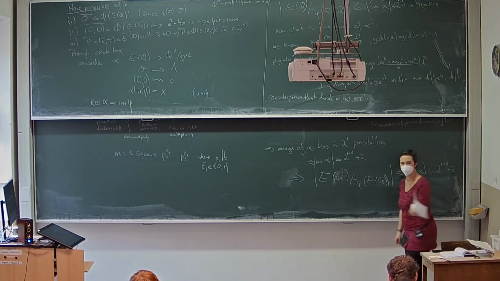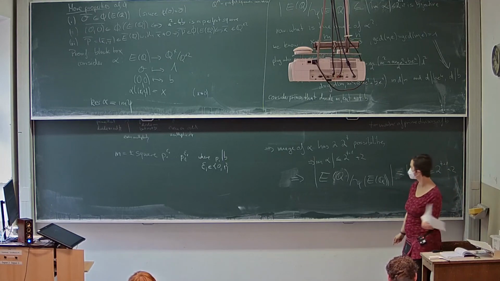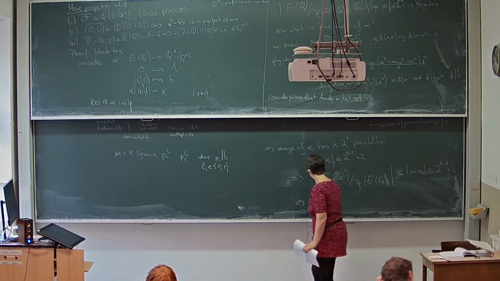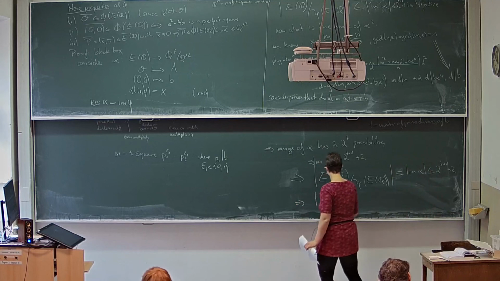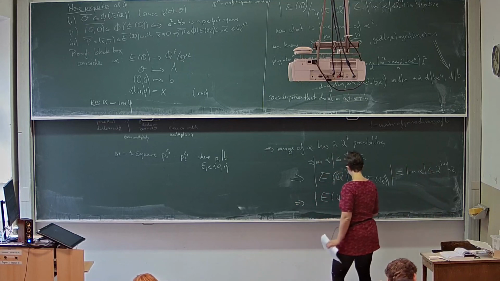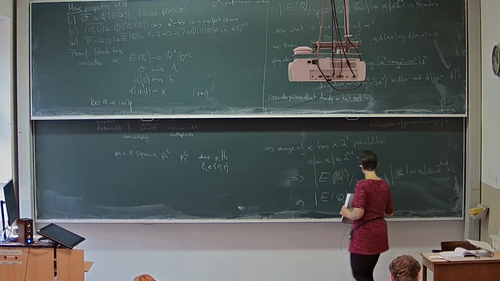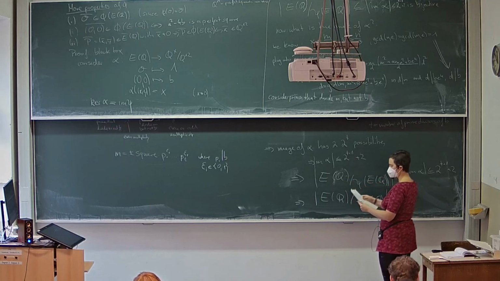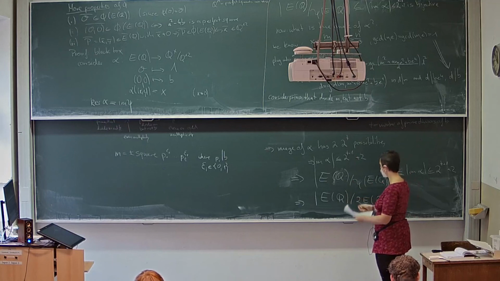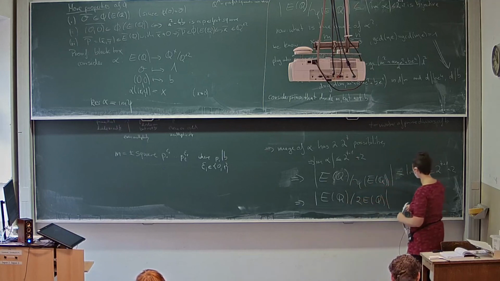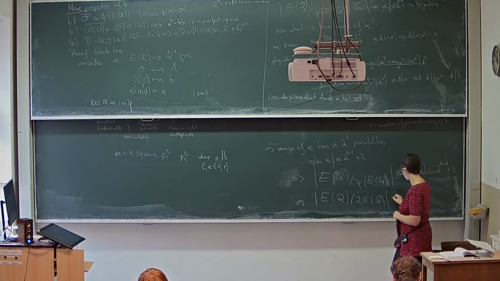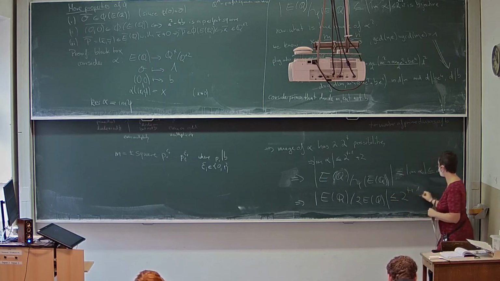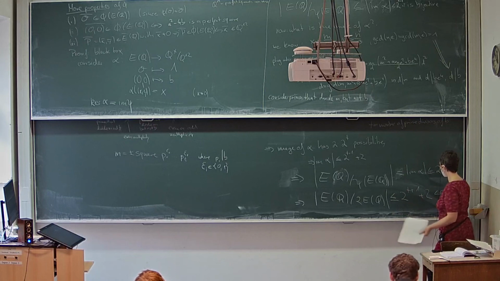And we said the composition of those two maps is the multiplication by 2. Oh, I just see that I wanted to put this as an exercise. Oh well, but now I did it here. So this is at most 2 to the t plus 1 over 2, which is finite.